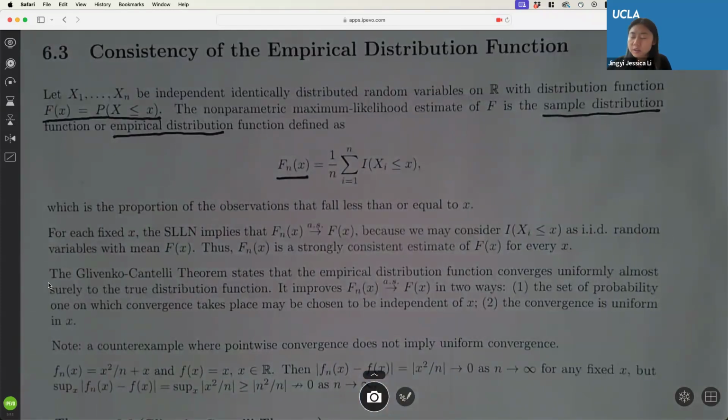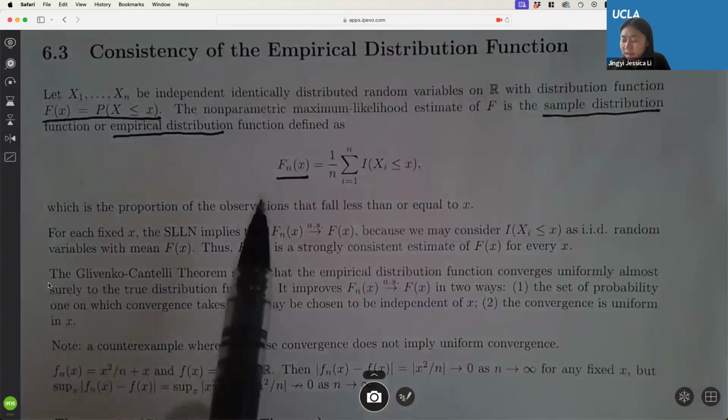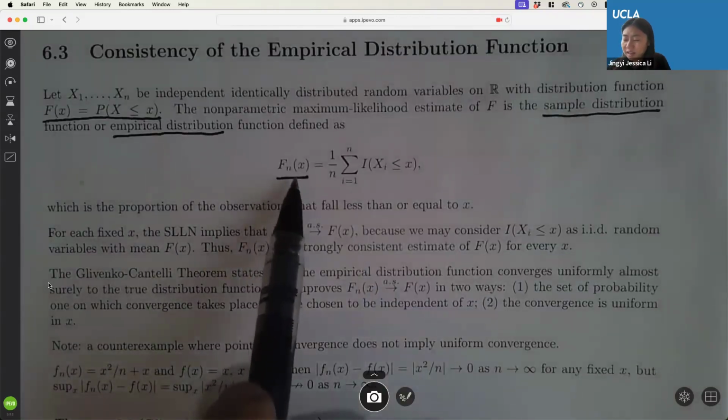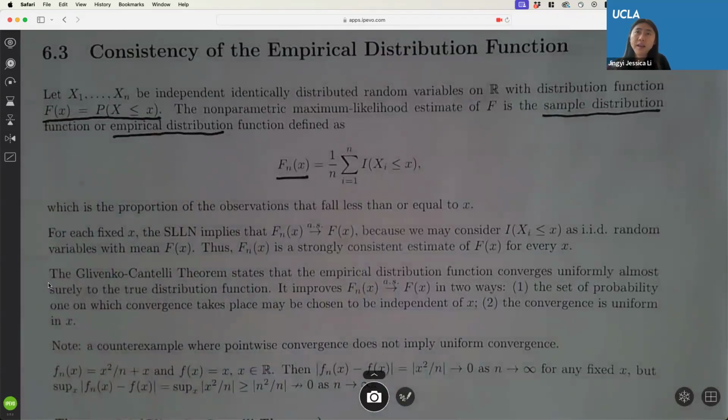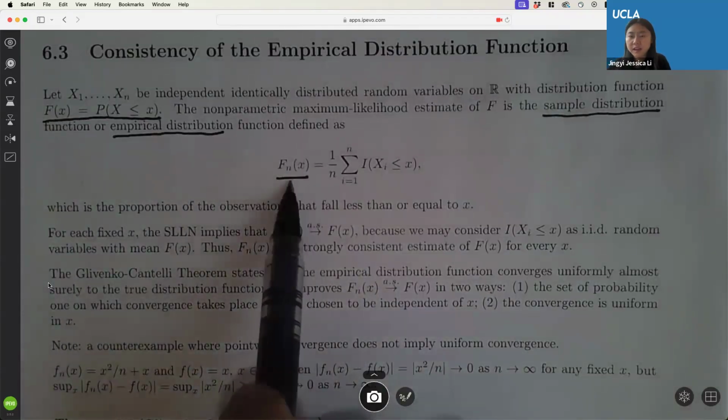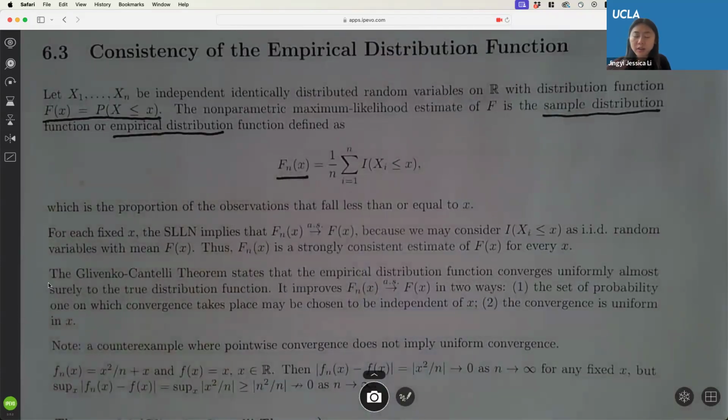Then a natural question arises: how good is Fn(x) as an estimator of F(x)? Both are functions that take the argument x and change with x, so their relationship can be more complicated.